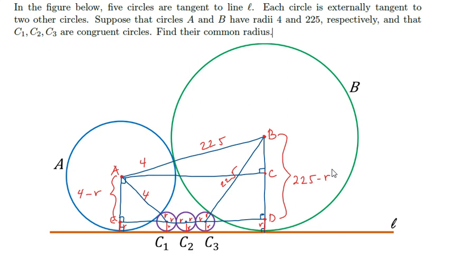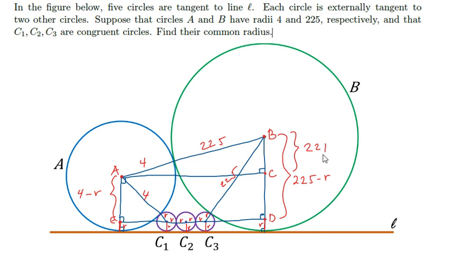Now, how can we represent BC? BC is just the difference between the radius of circle B and the radius of circle A. So that's just 225 minus 4 or 221. Okay. Now, let us find congruent parts in the figure so that we'll be able to create an equation.